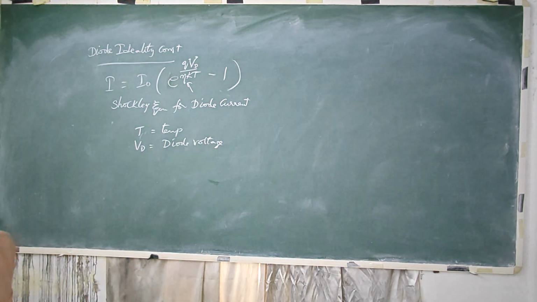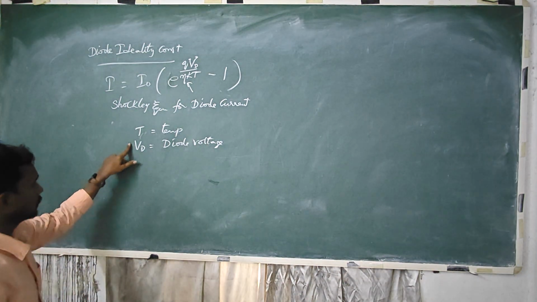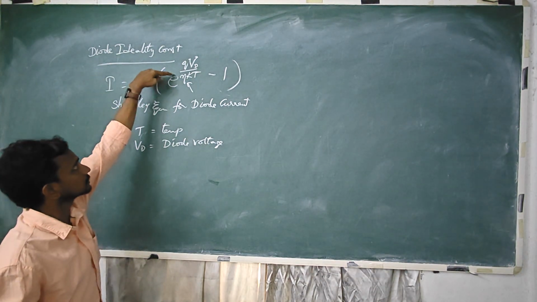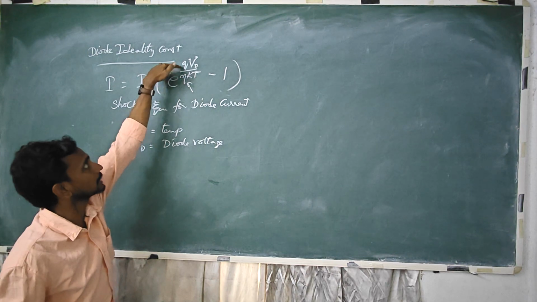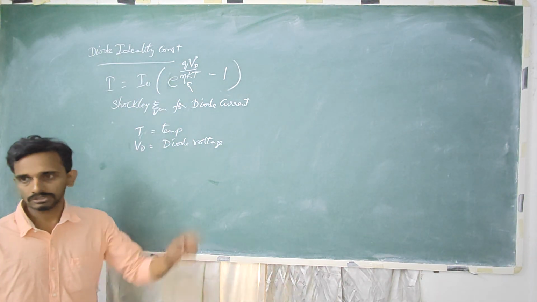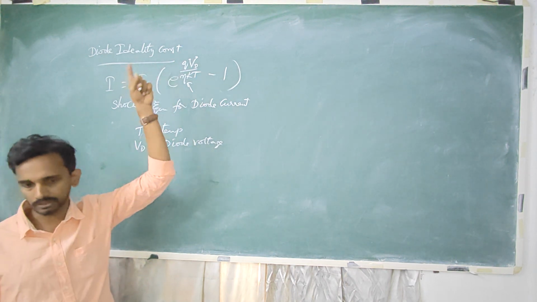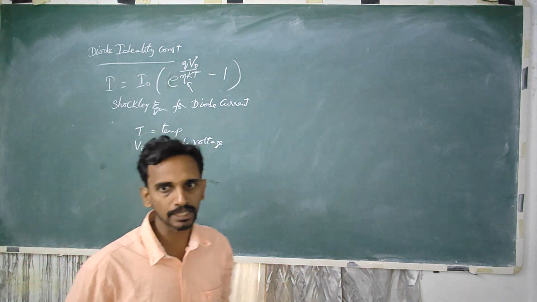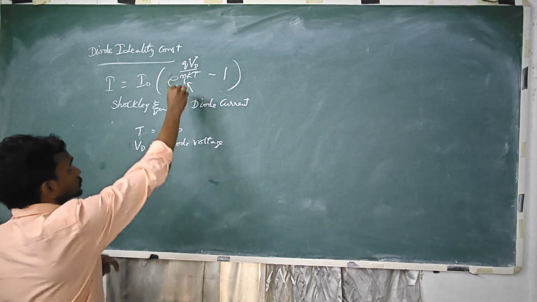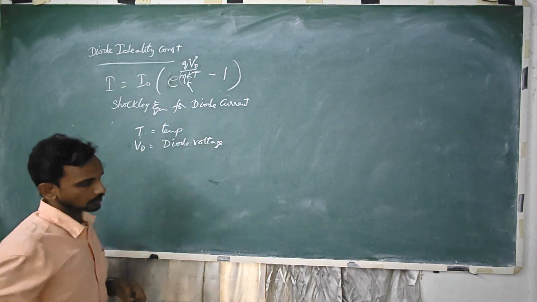So that we have seen already, and that too it was in reverse bias. So that equation becomes e power minus qVd by eta kT. That was the equation we have used to determine the band gap of the diode. Now our aim is to fetch this ideality constant.